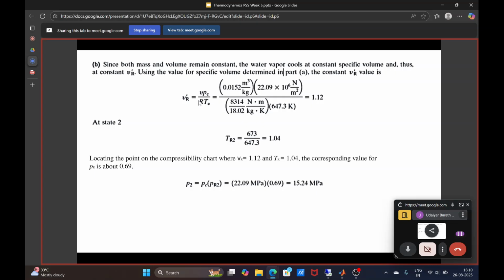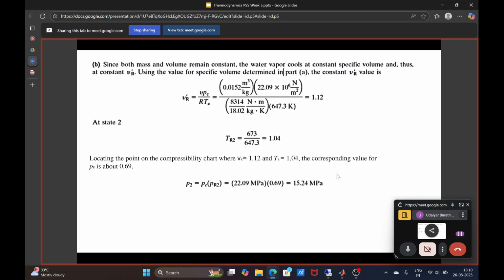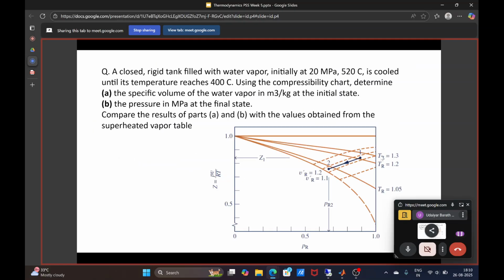So we get V dash to be 1.12, and at state 2 your temperature ratio is 1.04. So using the compressibility chart with 1.12 and the temperature ratio of 1.04, we can estimate the pressure ratio.